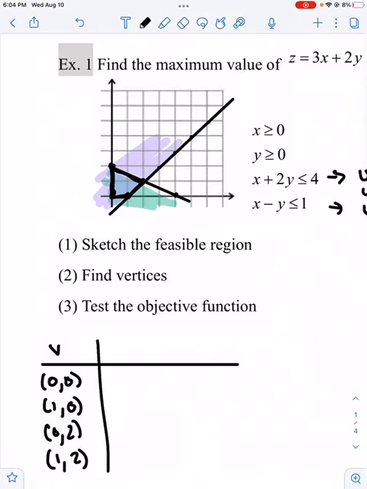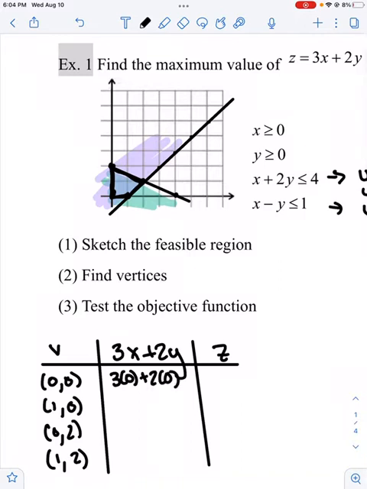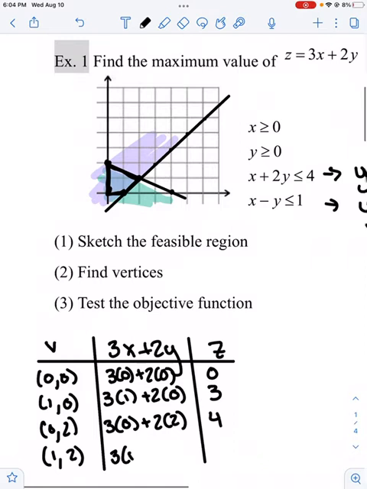We're going to plug these all into the objective function, which is 3x plus 2y, to find the max, which is z. So 3 times 0 plus 2 times 0 is 0. 3 times 1 plus 2 times 0 is 3. 3 times 0 plus 2 times 2 is 4. 3 times 1 plus 2 times 2 is 8.